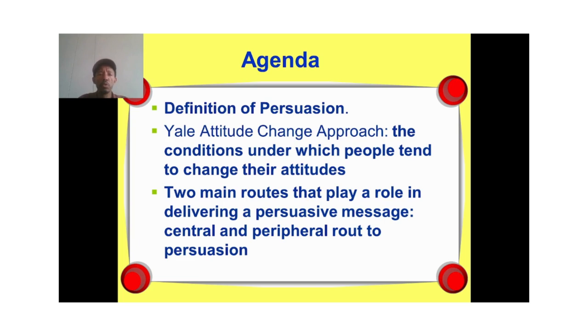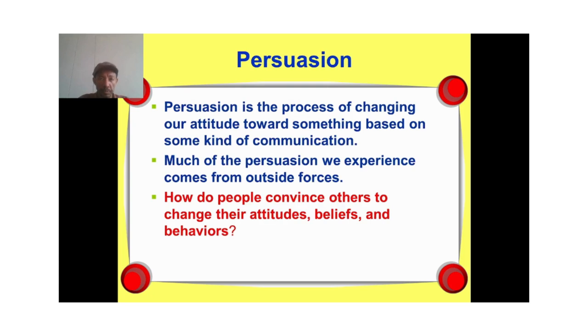We'll see these two main routes to persuasion, that is the central route and the peripheral route. We'll start by defining persuasion and proceed to the Yale attitude change approach.